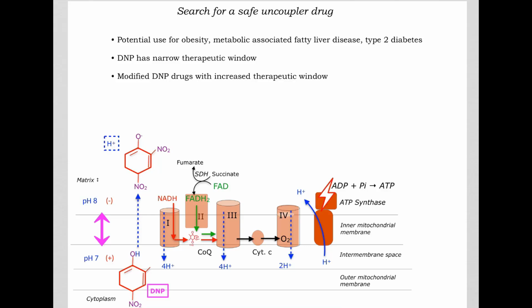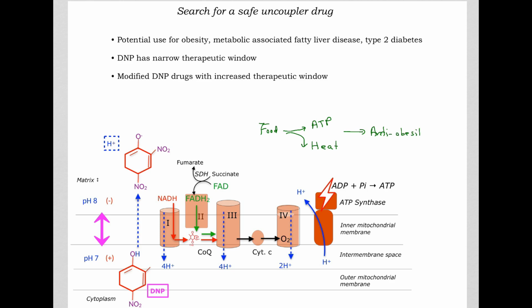There is a lot of interest in uncoupling chemicals, because by uncoupling, basically all the food that you're eating, instead of being converted to ATP, is simply coming out as heat. So this makes it a very good weight loss chemical, an anti-obesity pill.